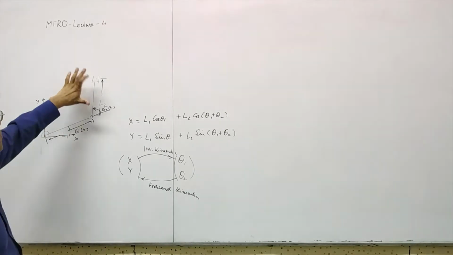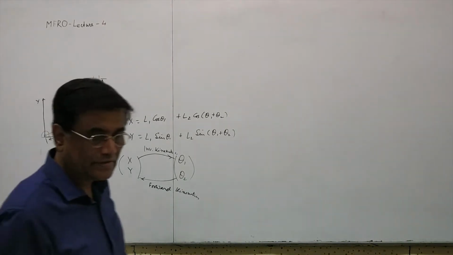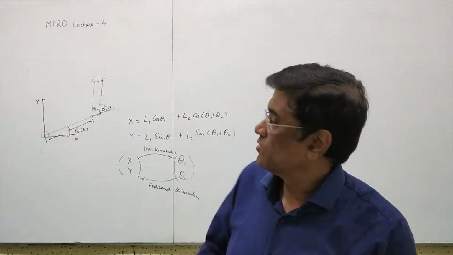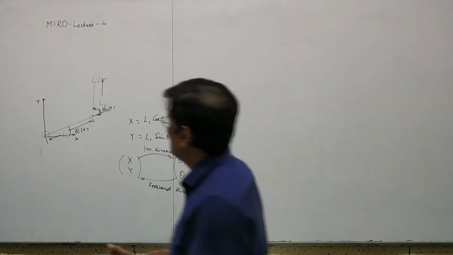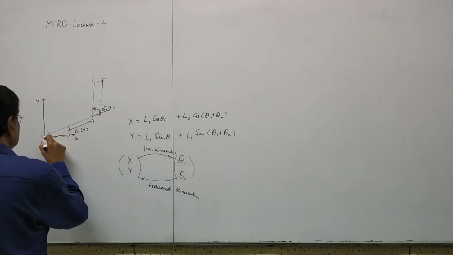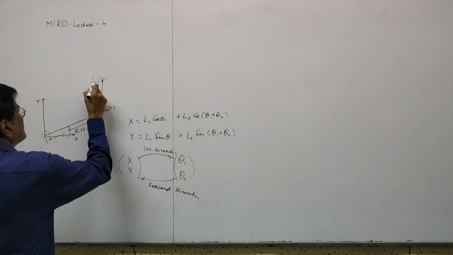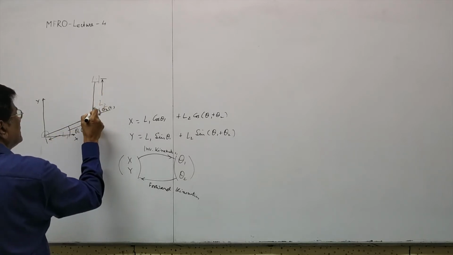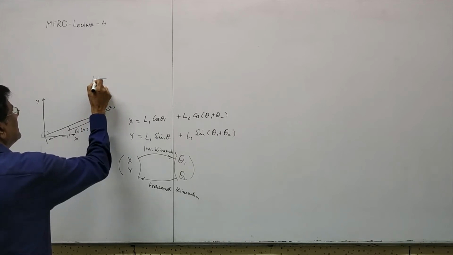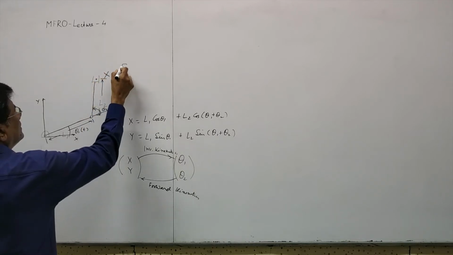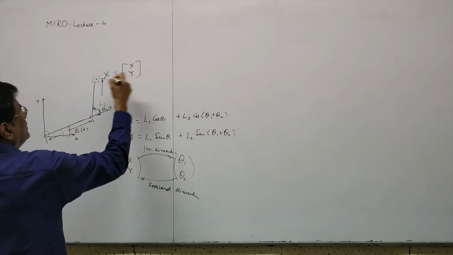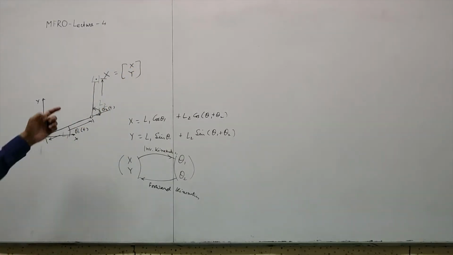That means you now know how much movement of theta 1 and theta 2 the robot should make to reach the destination. Okay, so the destination is here. Okay, it is not over.